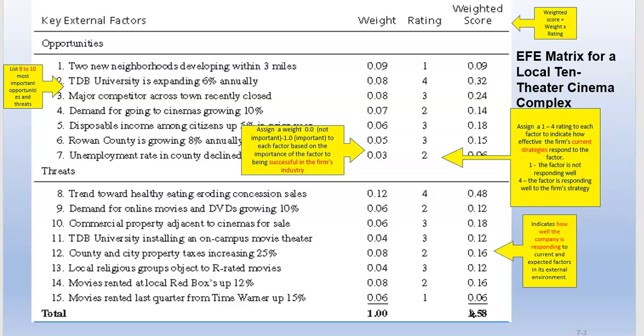As indicated by ratings of 1, there are 2 ratings of 1 here. Factor number 15, movies rented last quarter from Time Warner up 15%. And the second one, factor number 1, 2 new neighborhoods developing within 3 miles.